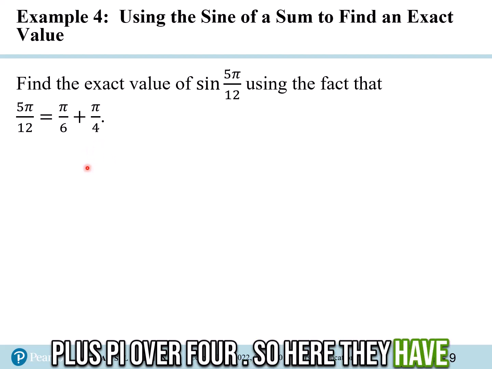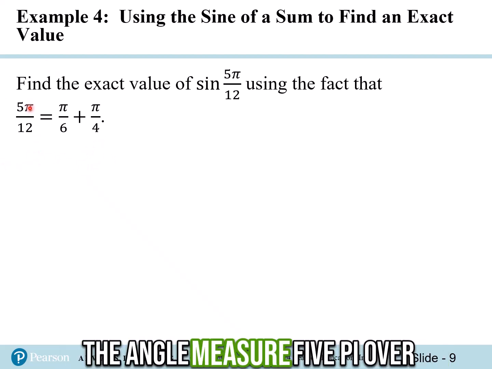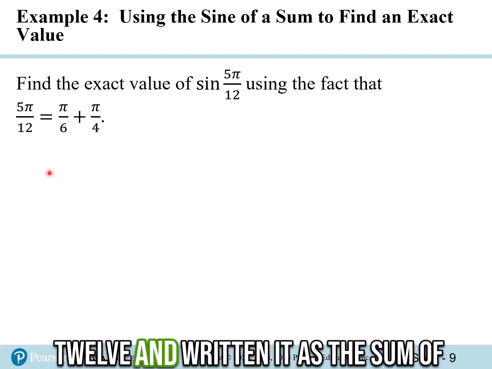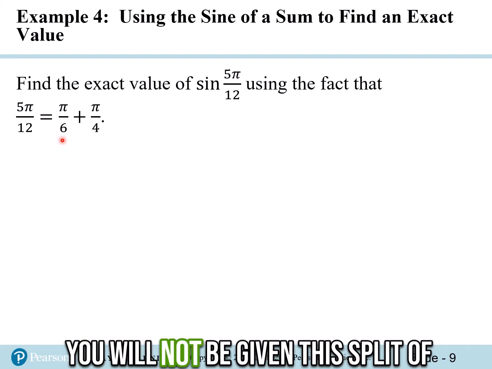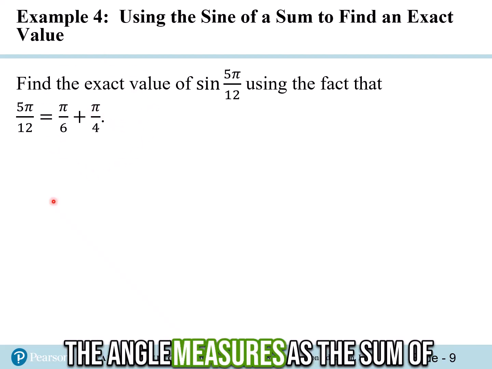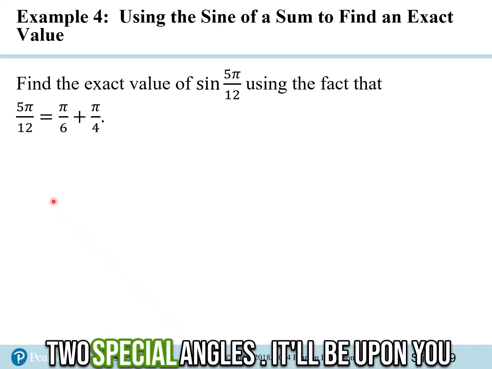So here they have split the angle measure 5 pi over 12 and written it as the sum of two special angles. Now, more often you will not be given this split of the angle measures as the sum of two special angles.